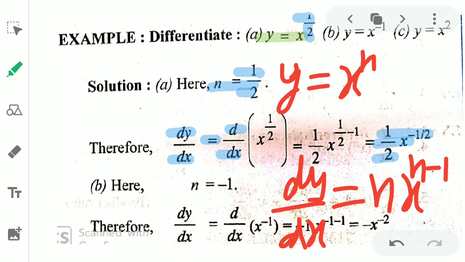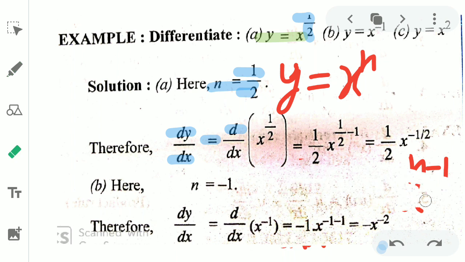Another example, we take another example. So see this. Another example, that is y equal to x to the power minus 1. In that case, what is the value of n?